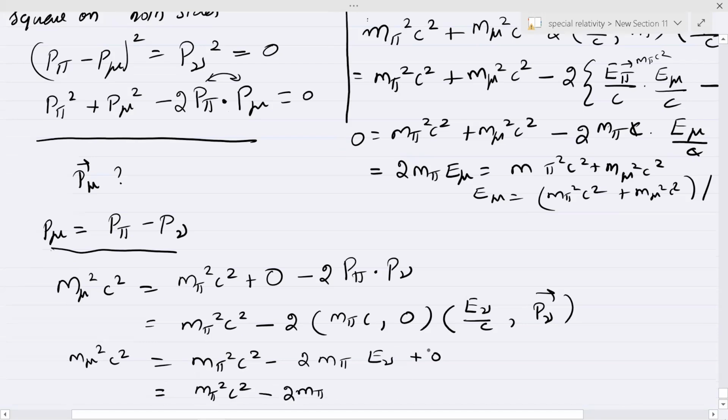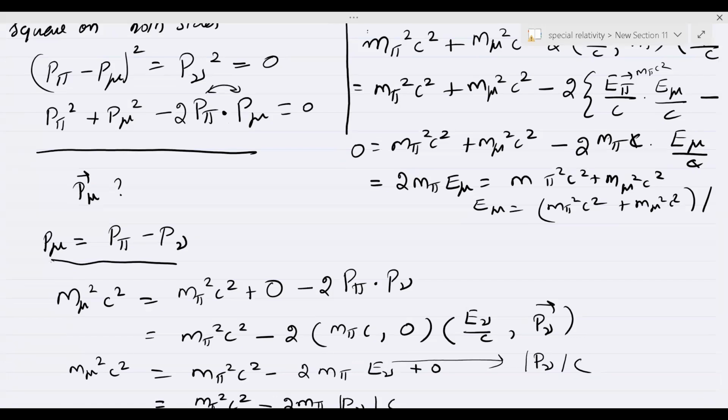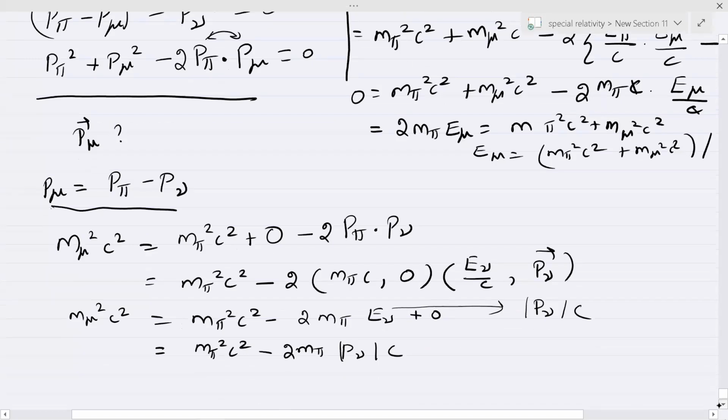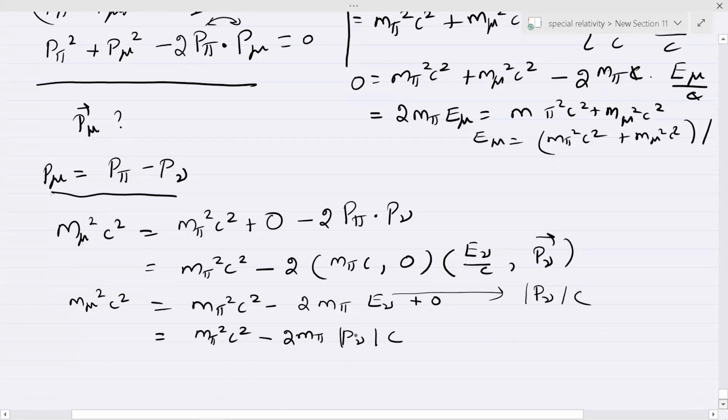Now we make use of the idea: what is E nu? Because it's a massless particle, it's simply p nu c, p nu multiplied by c. Fine. Now what is p nu?